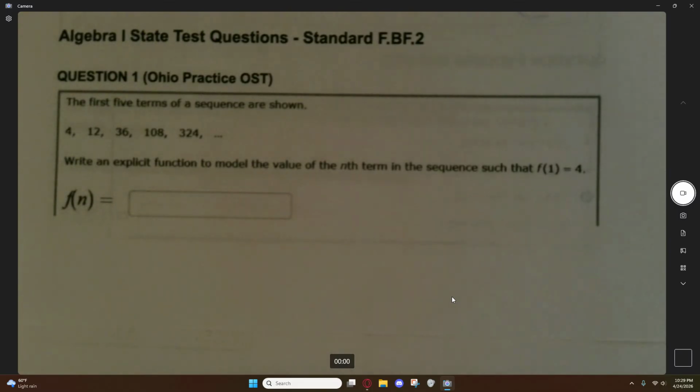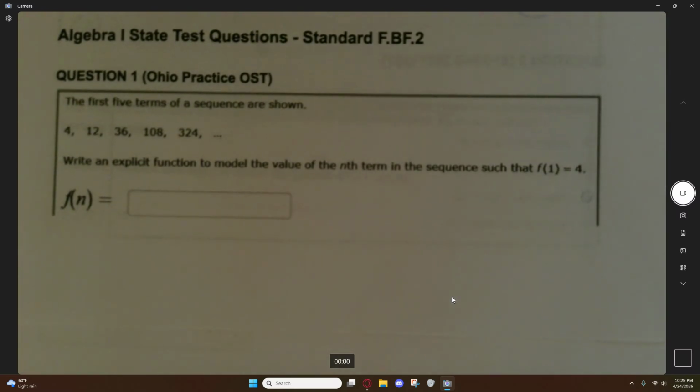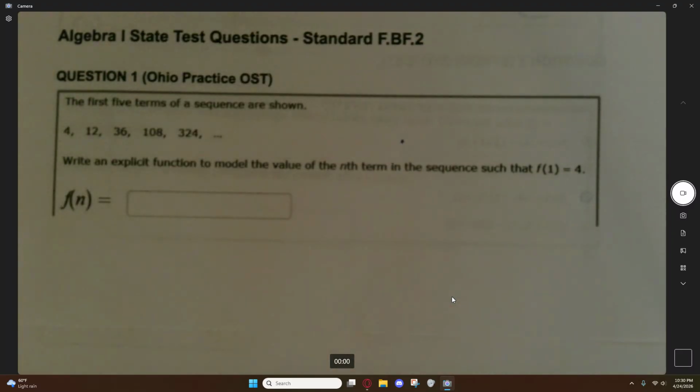The first 5 terms of a sequence are shown: 4, 12, 36, 108, 324. Write an explicit function to model the value of the nth term in the sequence such that f of 1 is equal to 4. If you remember when we did arithmetic and geometric sequences, all this is saying is write a rule.